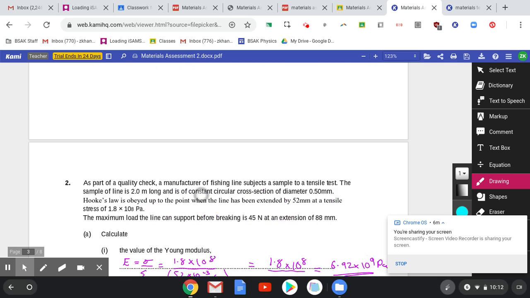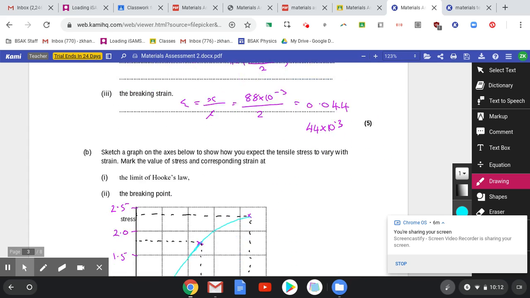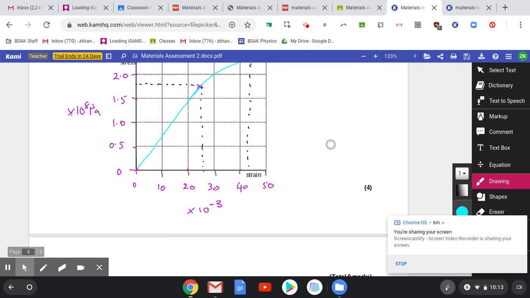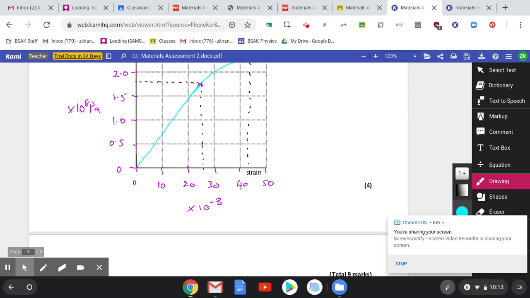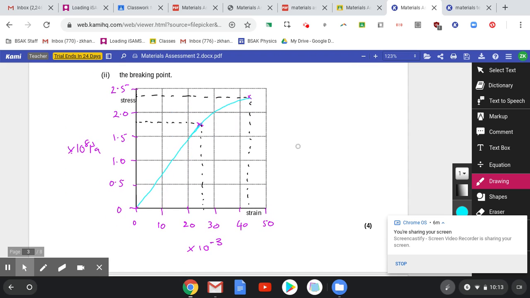Yes. Well, if you read the question again, it says Hooke's law is obeyed up to a point where stress is 1.8 times 10 to the 8. So I have split the scale up from 0 to 2.5, and I put times 10 to the 8 on the axes. Strain, remember, doesn't have any unit, and I've used times 10 to the minus 3 based on the numbers that I've got.